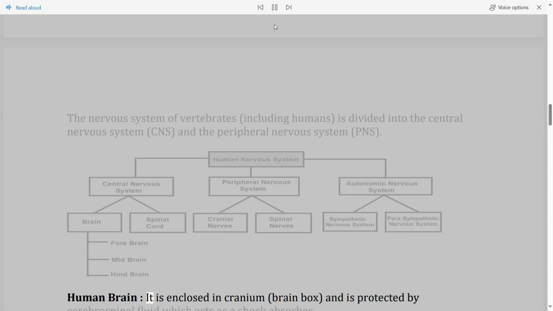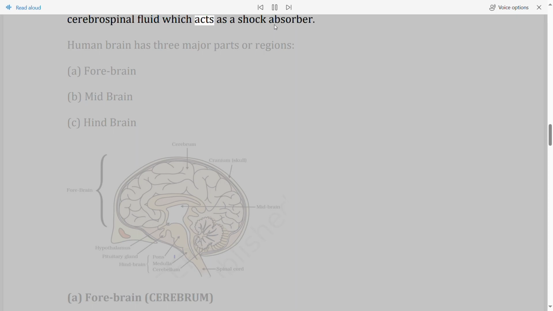Human brain. It is enclosed in cranium, brain box, and is protected by cerebrospinal fluid which acts as a shock absorber. Human brain has three major parts or regions: A. Forebrain, B. Midbrain, C. Hindbrain.